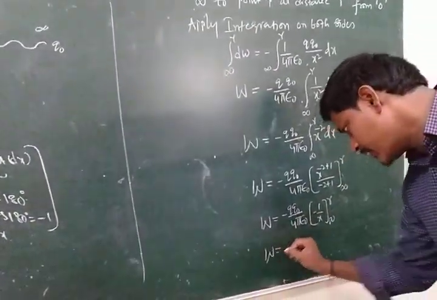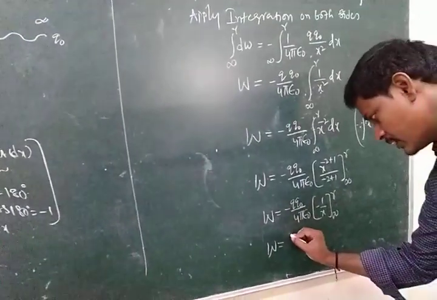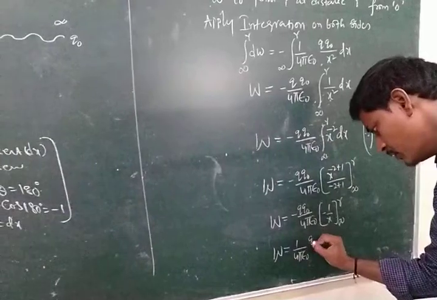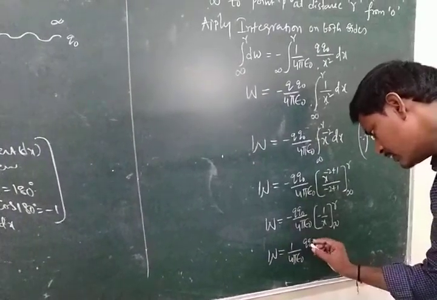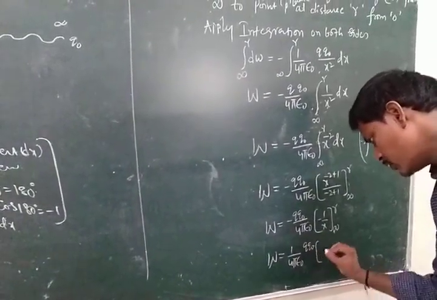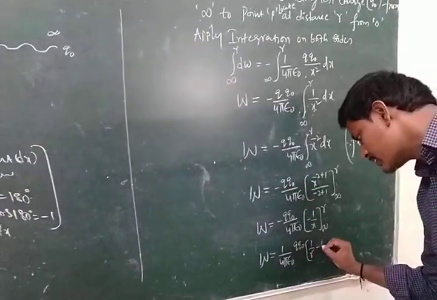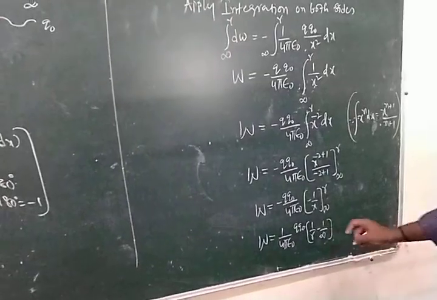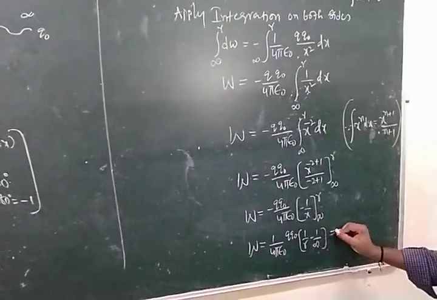So minus of minus is plus, 1 by 4 pi epsilon naught Q naught into 1 by R minus 1 by infinity. So 1 by infinity is equivalent to 0.